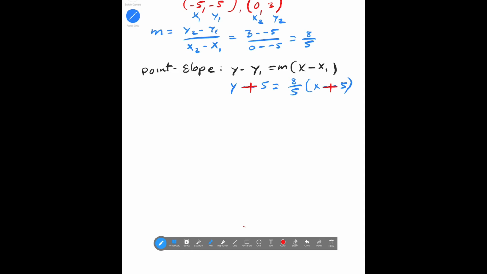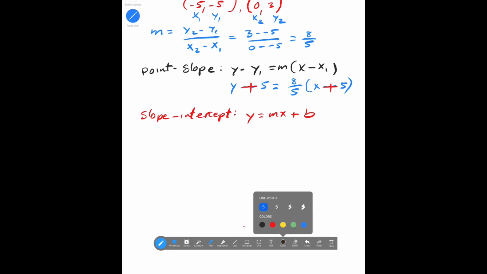All right. And next, let's talk about slope intercept. Y equals mx plus b. That's the slope intercept. So we are going to use point slope form and rewrite that as slope intercept.